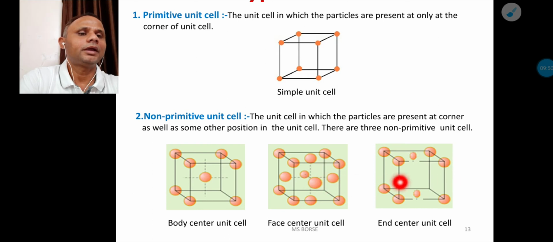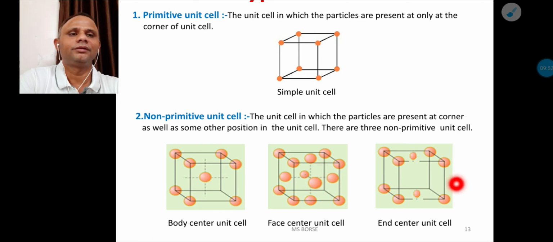And the third type of non-primitive unit cell is called the end center unit cell. That means the atoms are present at each corner of the unit cell, but an additional atom is present at the center of two opposite faces, that means bottom and top, or left and right, or front and back.